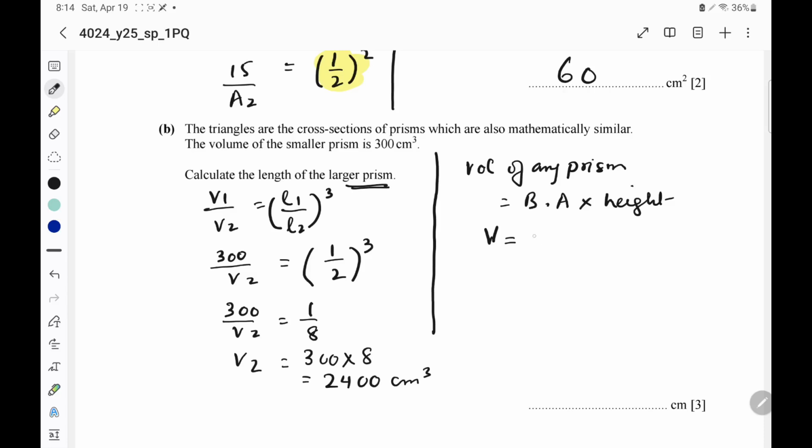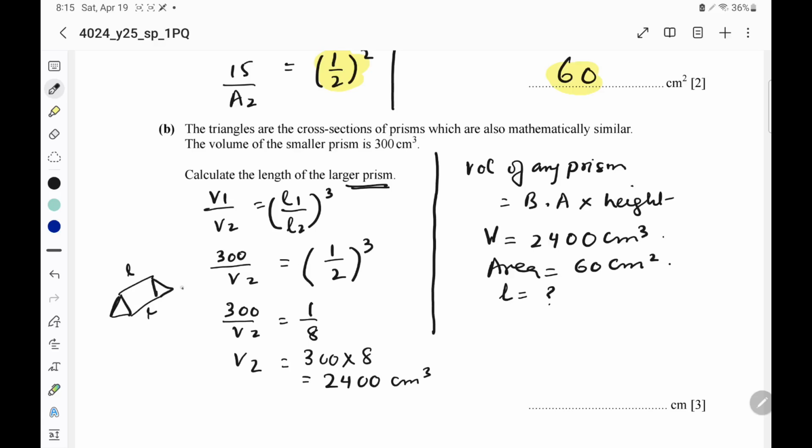So the volume of the larger one is 2400 cubic centimeters, and the area for the larger one we have found is 60 square centimeters, and we have to find the length. For example, it's a triangular prism and they are asking you to calculate this length. So just substitute in the formula that the volume is 2400.